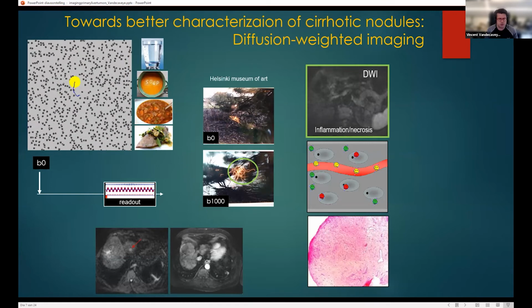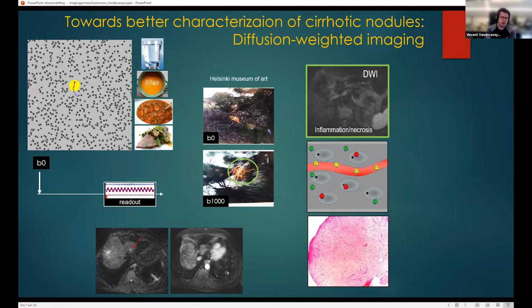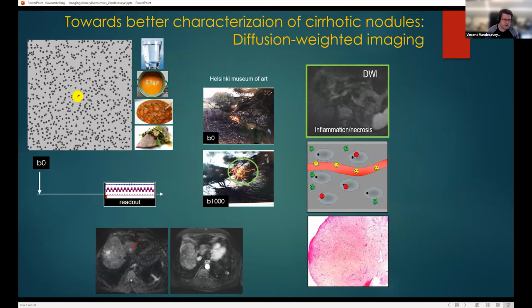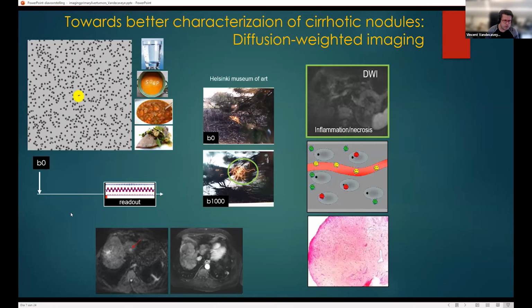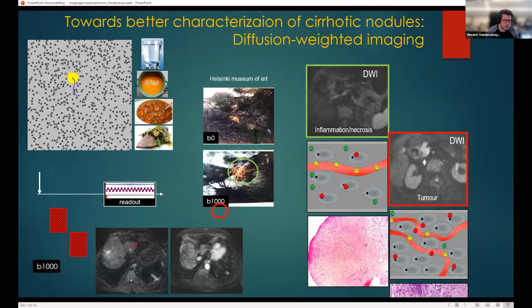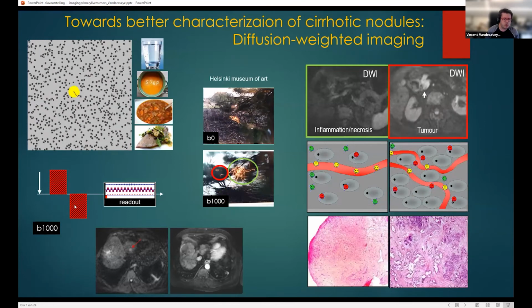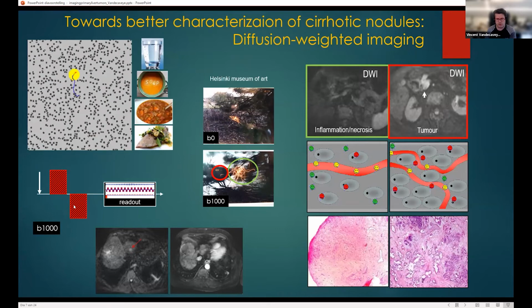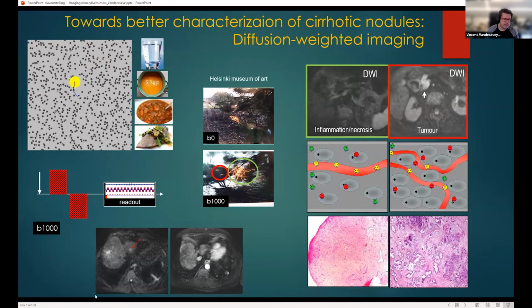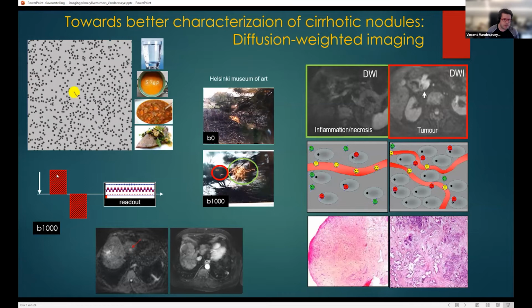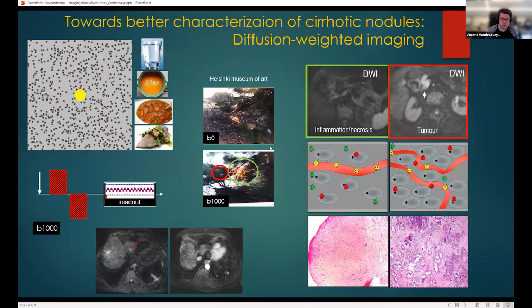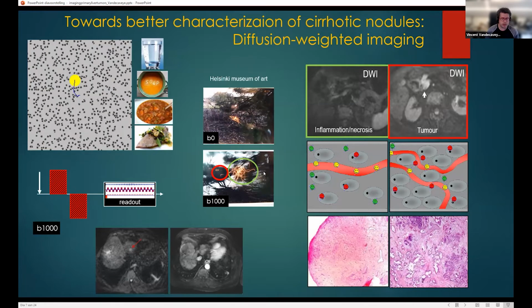So what is this? This is just a sequence of 2.5 minutes within your total MRI protocol. This is the technical readout. What we do with diffusion-weighted imaging, we apply 2 extra gradients that other sequences don't have. These are the sequences that measure the water mobility, just like a photo, like you take a picture.